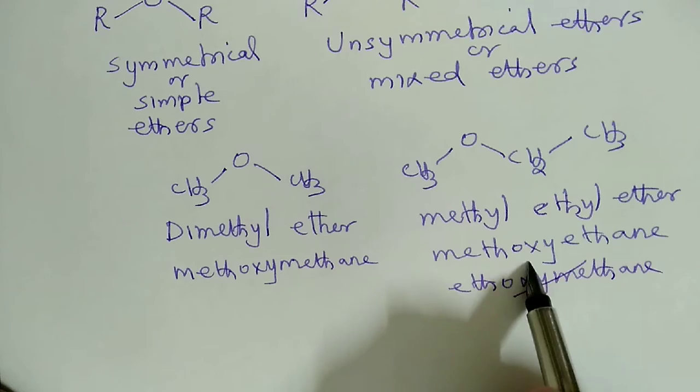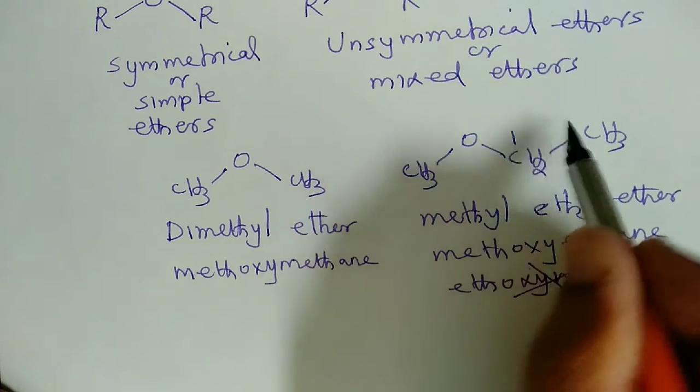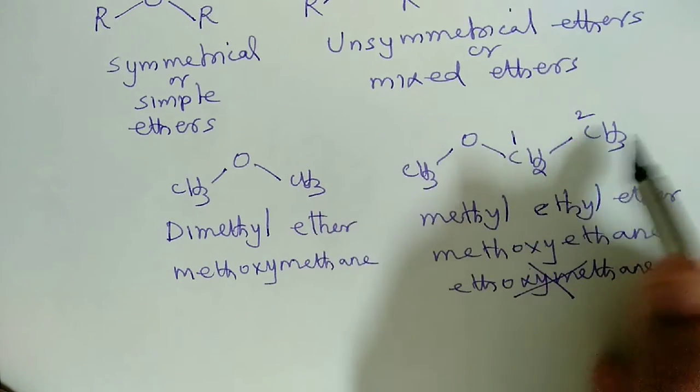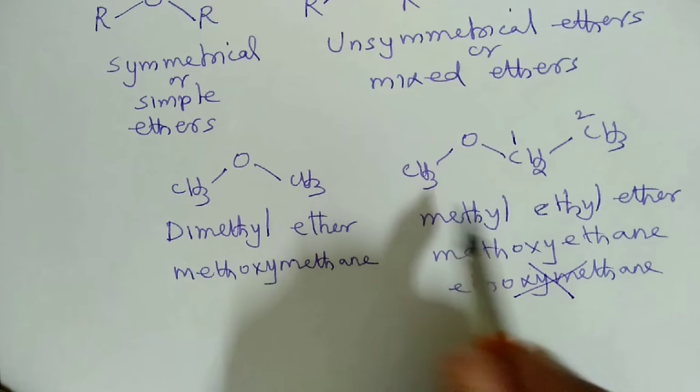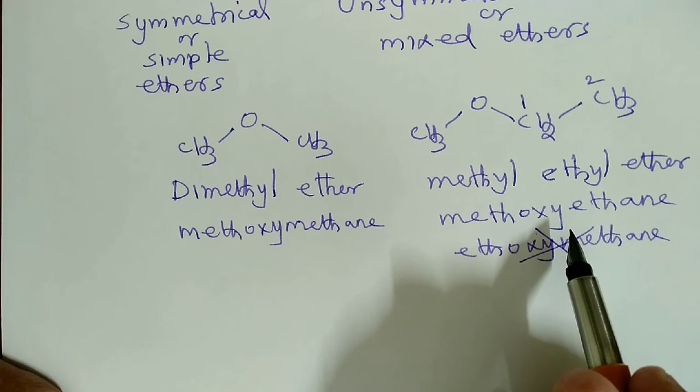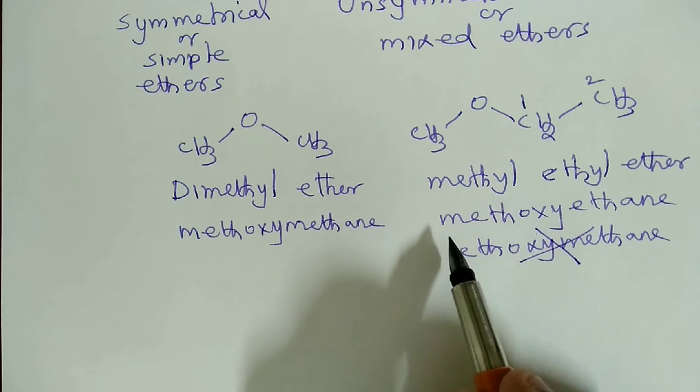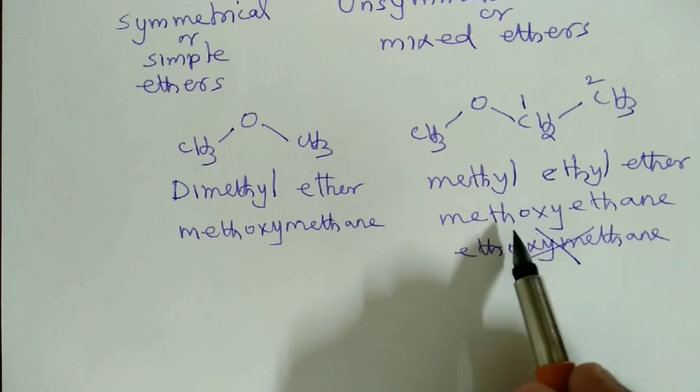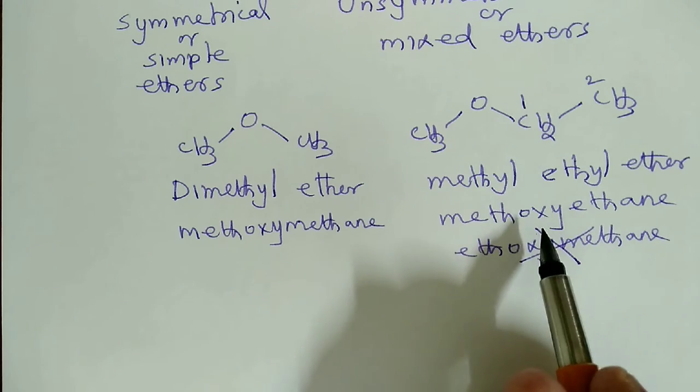It is wrong. This is taken as a parent chain. So, methoxyethane. Alkoxy or ether functional group is always treated as a branch and prefixed to the root word during the nomenclature.